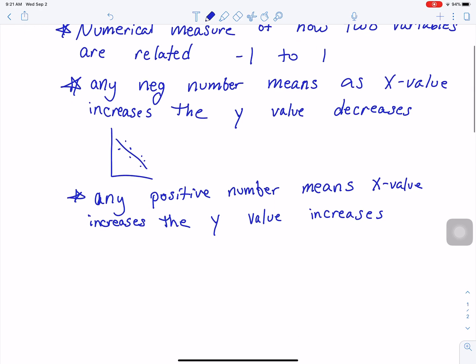And then the closer the points are to the line, it just means that it's going to be closer to 1 or -1.